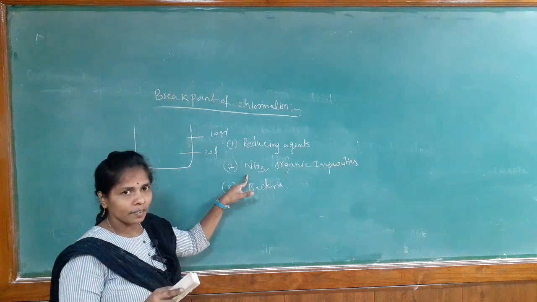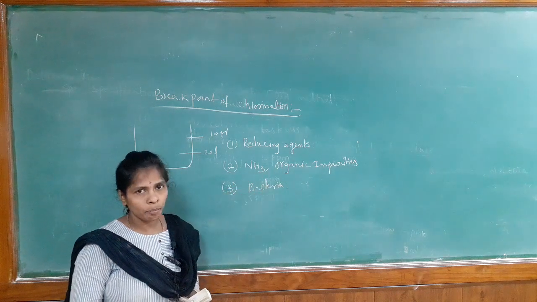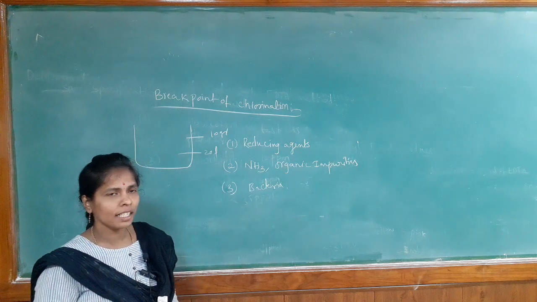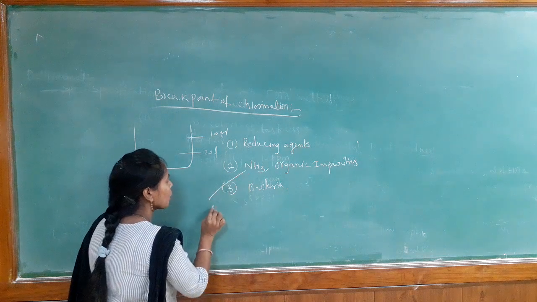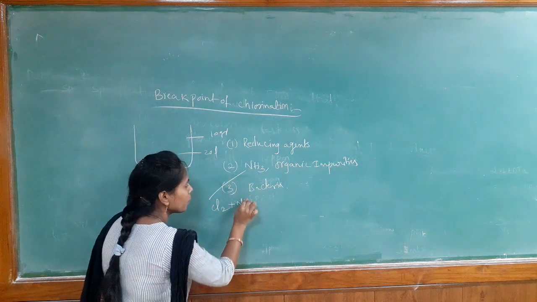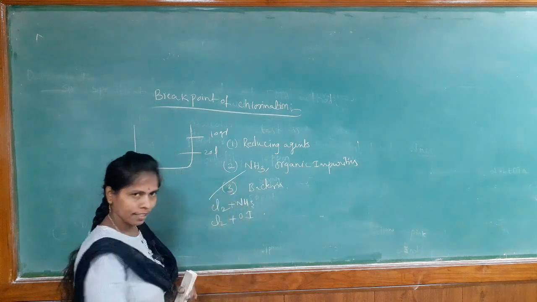chlorine is reacting with the ammonia and the organic impurities. Initially it is not killing ammonia and the organic impurities. So, when we add chlorine in the second stage, chlorine is reacting with the ammonia and also with the organic impurities.